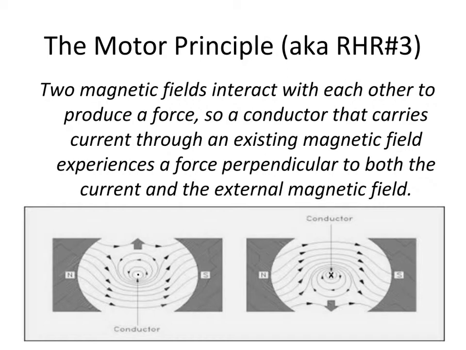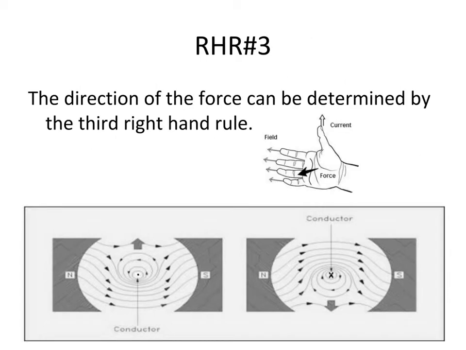They produce a force, and so the conductor will experience that force and tends to move. As I said, if you use a single wire, in that case, you won't get much force, so we'll usually put a solenoid inside the permanent magnetic field in the motor, and then we get the solenoid to spin and do work for us.